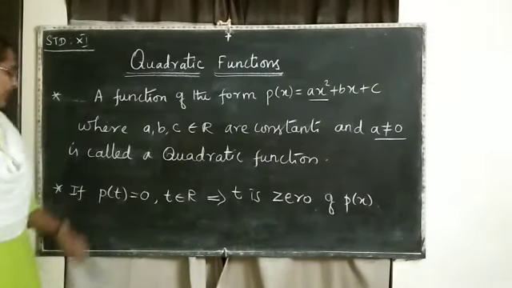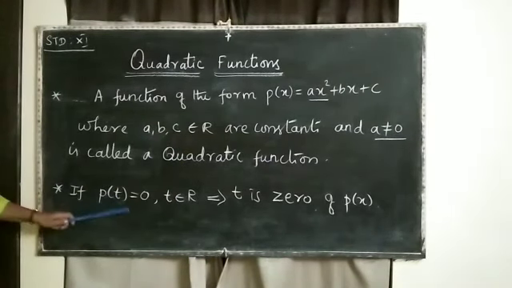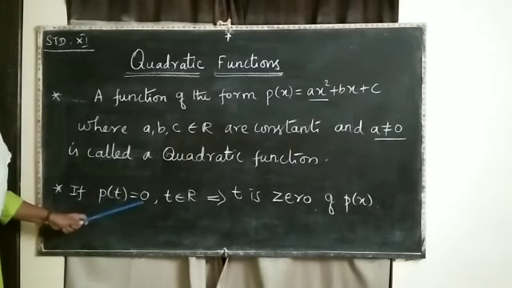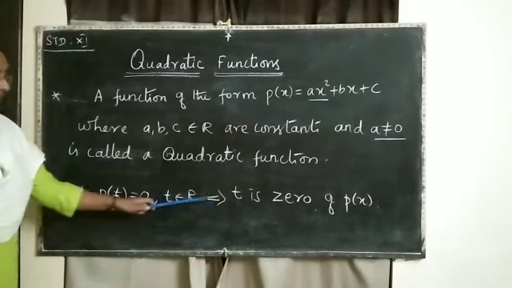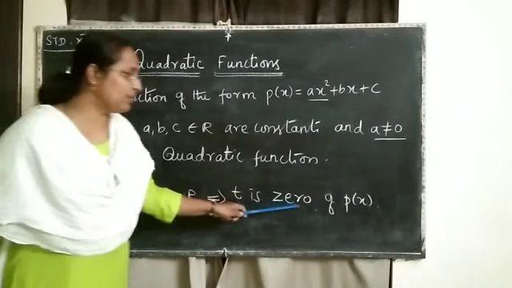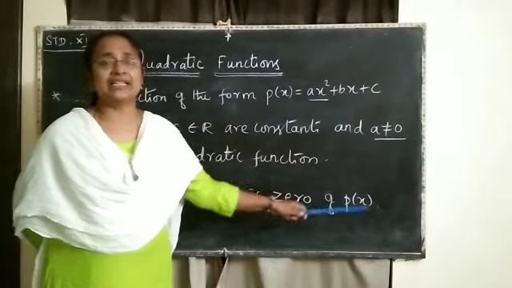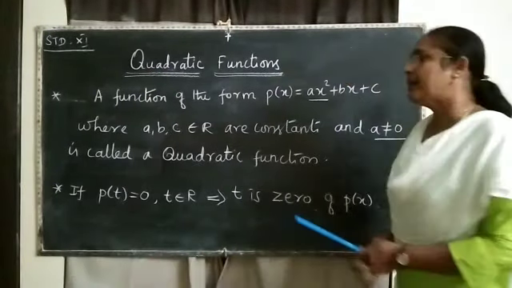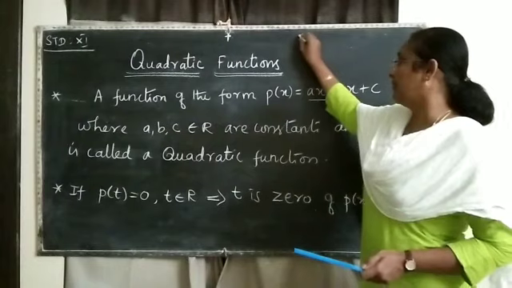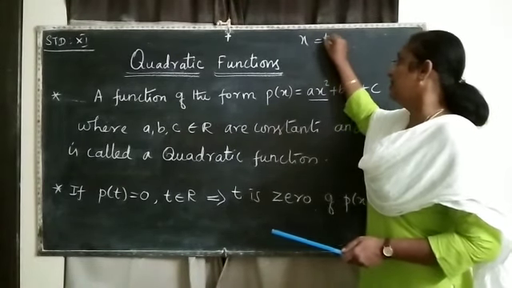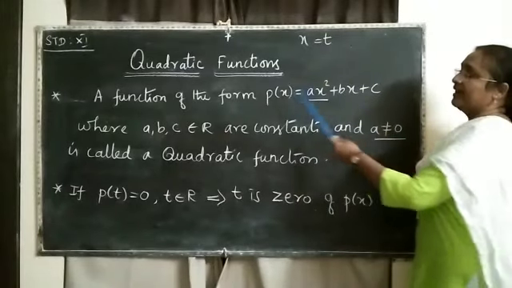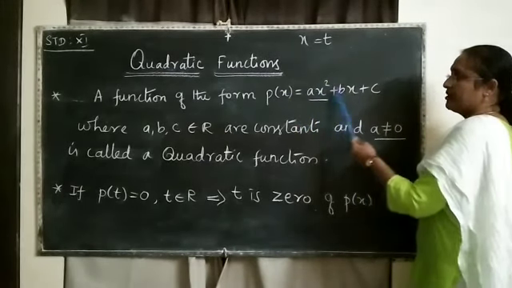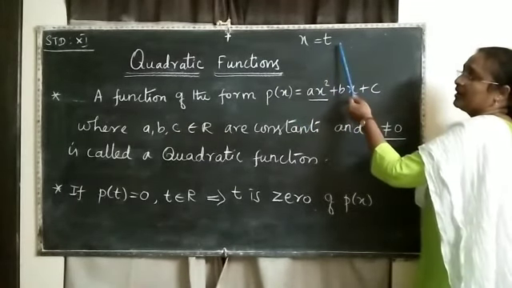Is it clear? Now this is also what you have learned in your earlier classes. If p of t is equal to 0, where t belongs to the real numbers, then we can say that t is a zero of p of x. What is meant by p of t? Instead of x, we substitute t in the quadratic function, that is x is equal to t.